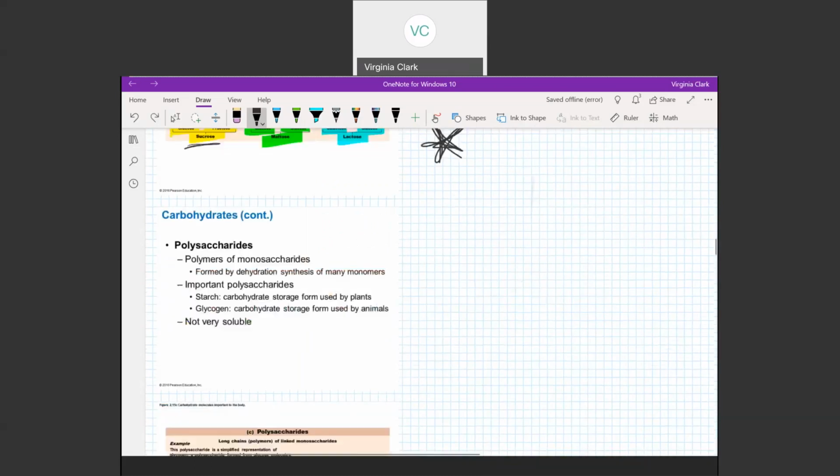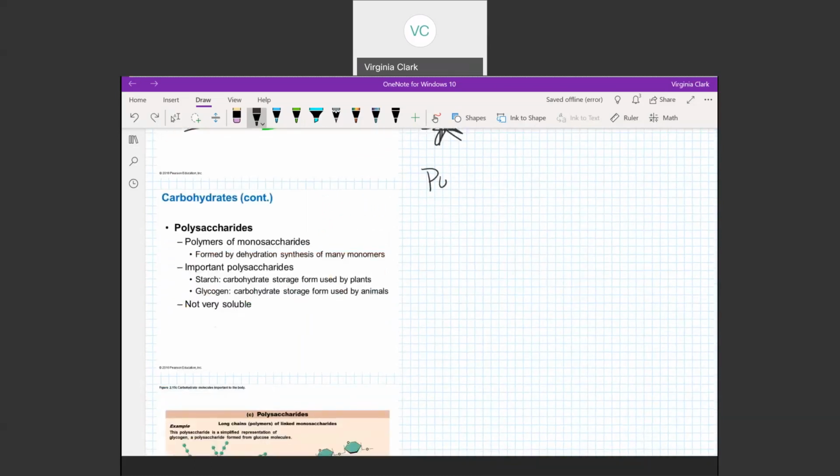Okay, so looking at a polysaccharide, when we add these guys all together, and we have a lot of them, these are going to be very big, very important. And there are two important ones, starch and glycogen.